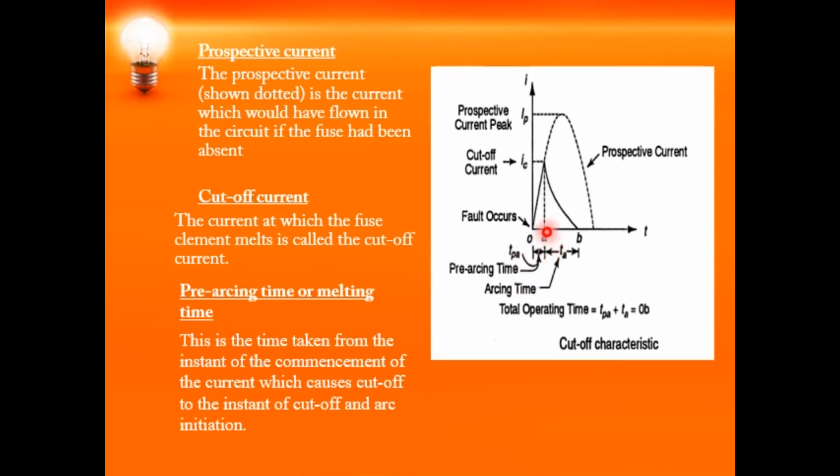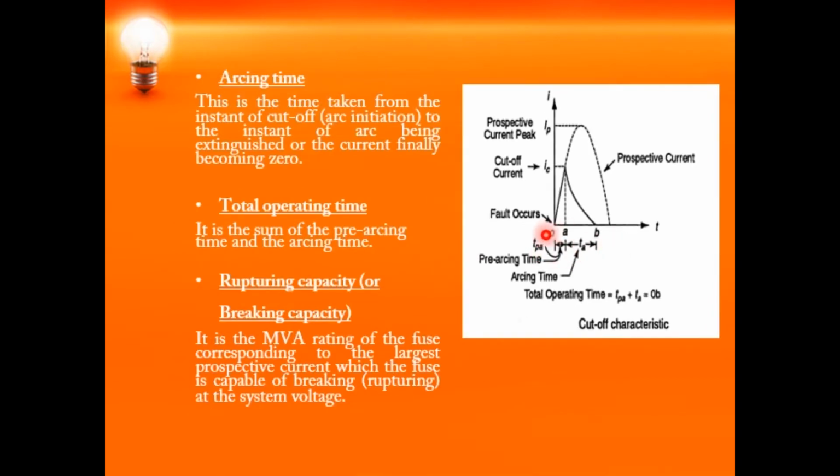Once the arc is initiated, the arc has to quench. The time from the arc being initiated to the arc being quenched is called the arcing time. So here we have the pre-arcing time, that is interval 0 to A, and the arcing time is the interval A to B. The total of pre-arcing time and arcing time is the total operating time.